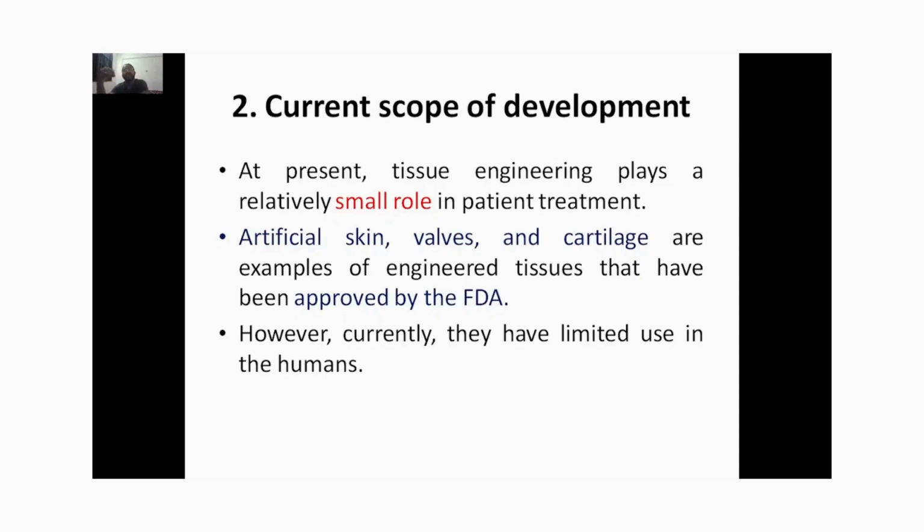Most of the research and development with respect to tissue engineering is still in preclinical as well as clinical trials, which is not completely widely used in patient treatment. But in a few applications, at a smaller scale, we are using tissue engineering. In order to get tissue engineering used in patient treatment, a lot of effort is required.